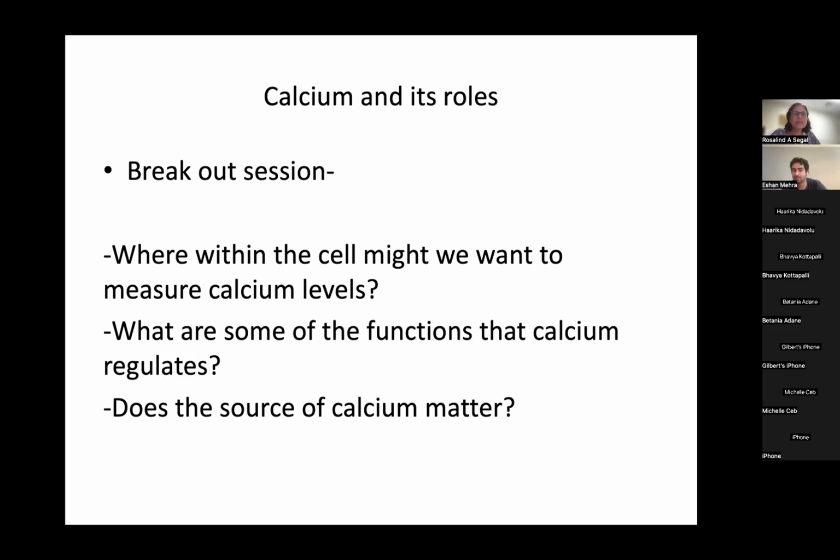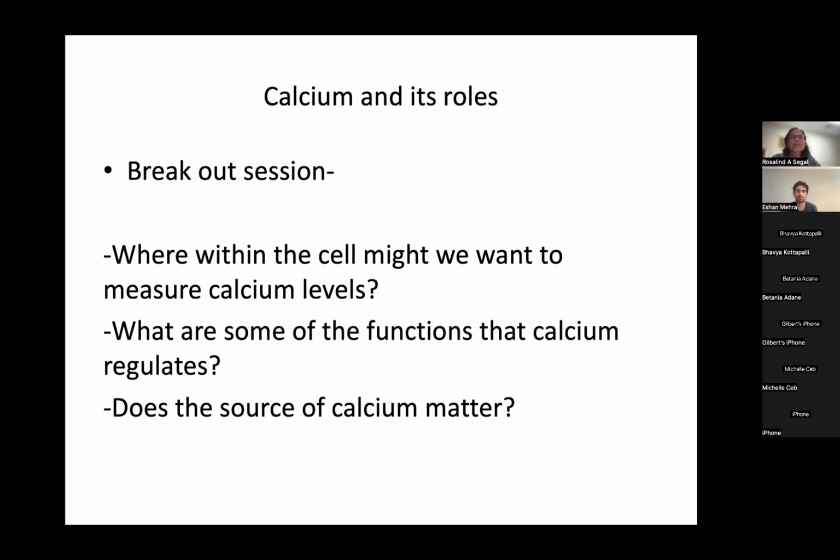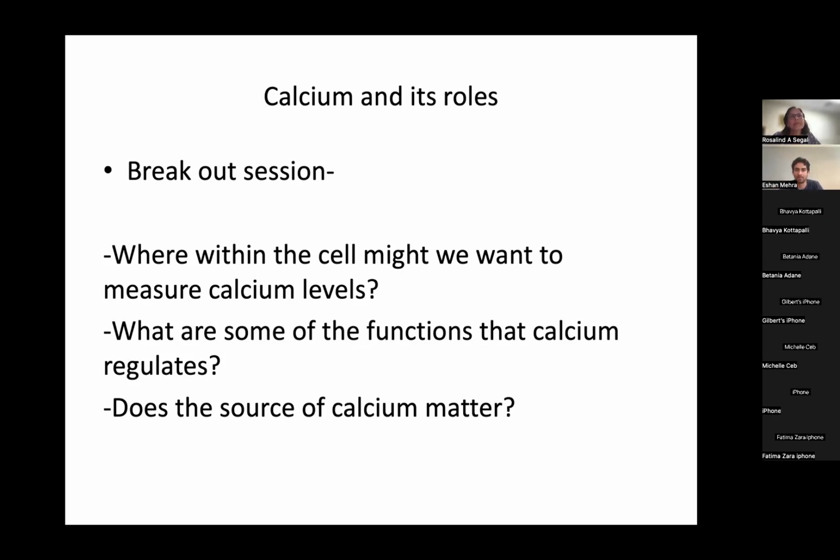And then we have these speaker sessions, and we also have workshops where we talk about various aspects of research, like asking the right questions, experimental design, scientific communication, key skills.